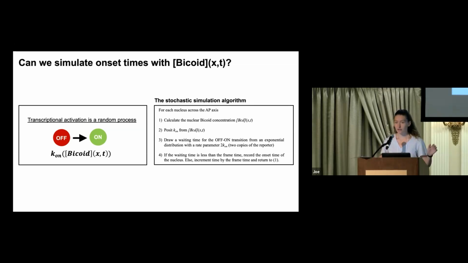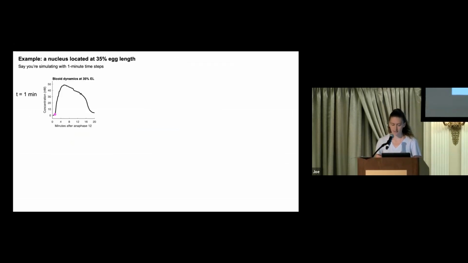For each nucleus across the AP axis, the algorithm calculates the nuclear Bicoid concentration at that position and time point, then estimates K on from the Bicoid concentration, then draws a waiting time for the off-on transition from an exponential distribution for a process with a rate parameter of 2 times K on, because there are 2 copies of the reporter in each nucleus. Then if the waiting time is sufficiently fast, the algorithm records the onset time of the nucleus as that time, but if it's too slow, then it proceeds to the next time step.